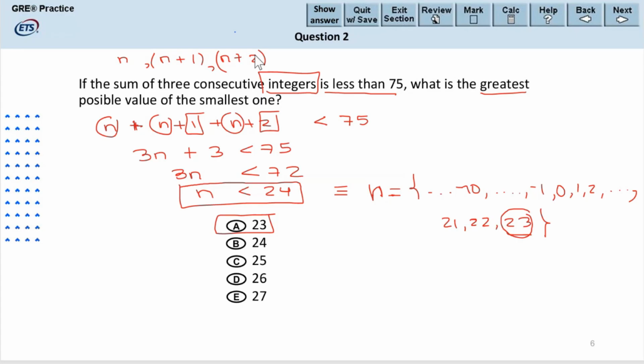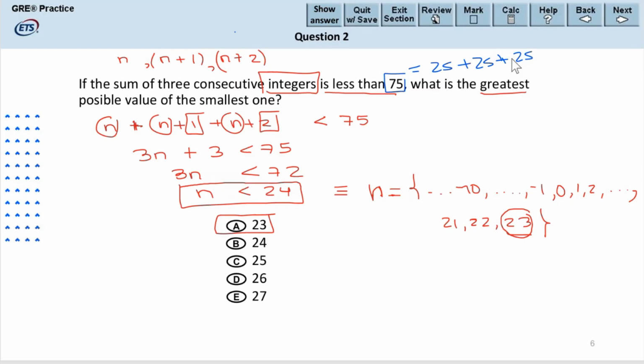Let's say, for example, that if I have 3 consecutive integers, I know that 75 is a number such that 75 is the same as 25 plus 25 plus 25.